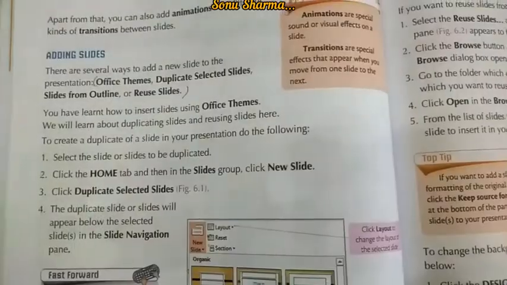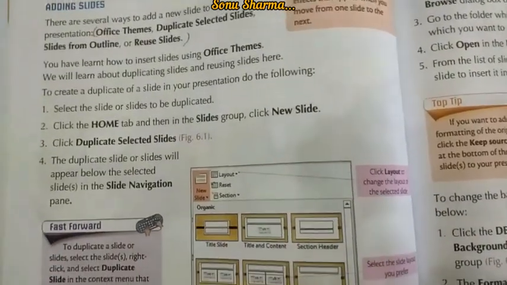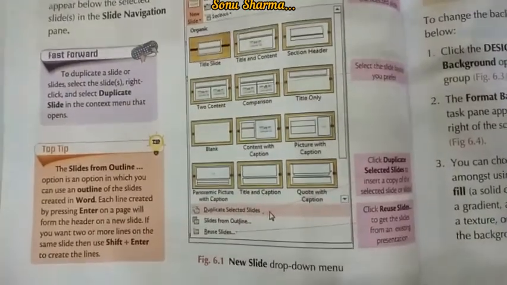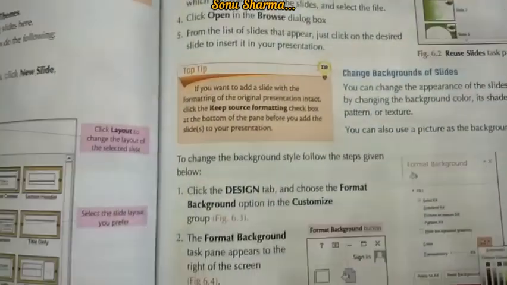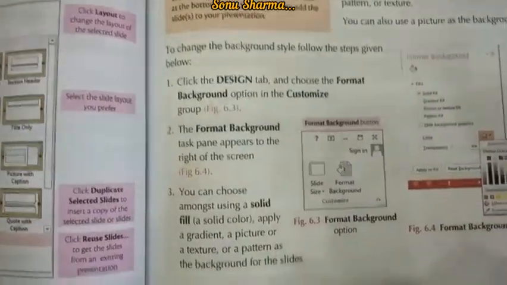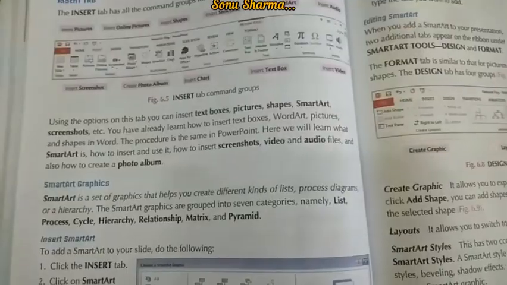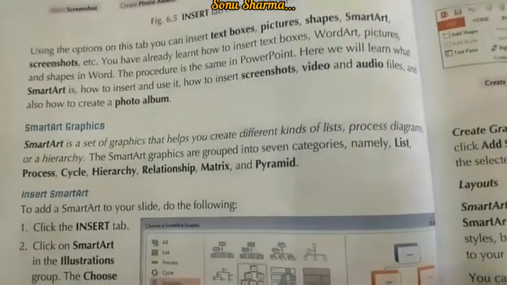The first topic given is how to add a slide. I'll show you on the computer how to add a slide. These are the different types of new slides, and how to create a new slide. After that, how you can add a design, and how to change the backgrounds of slides. On the next page it is given smart art graphics. What is smart art graphics?